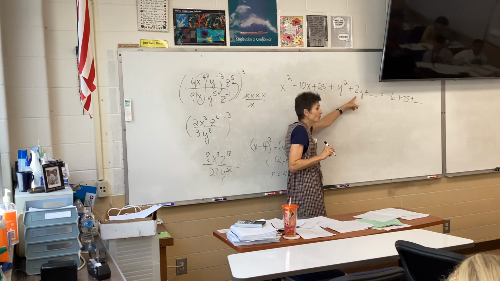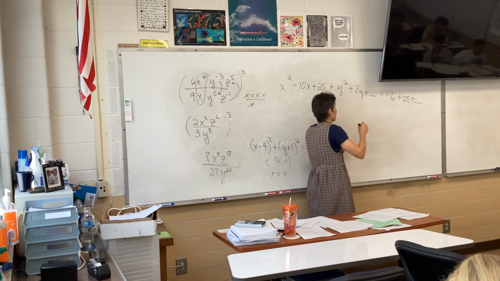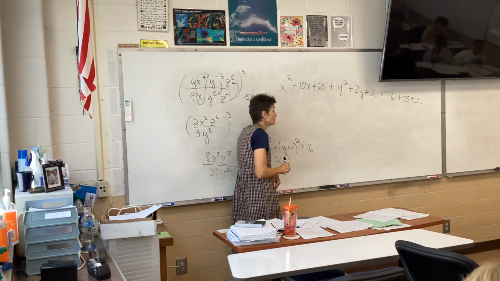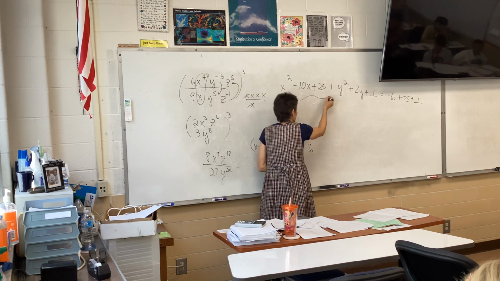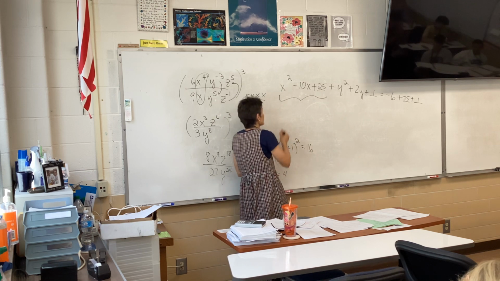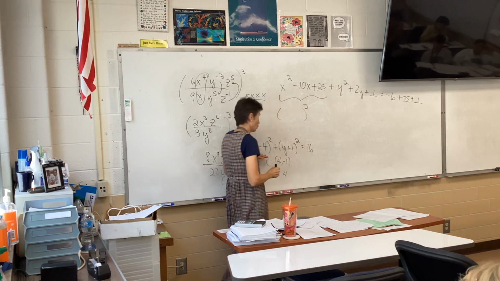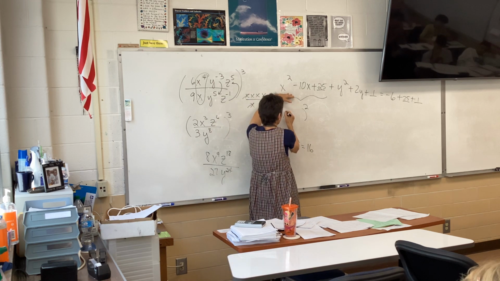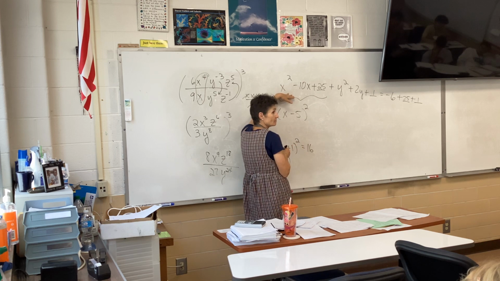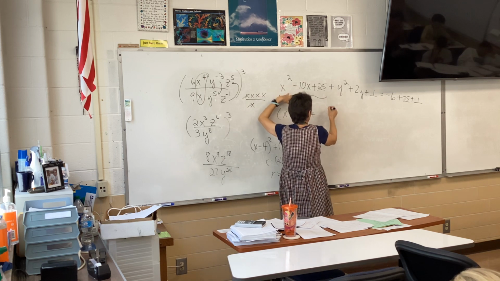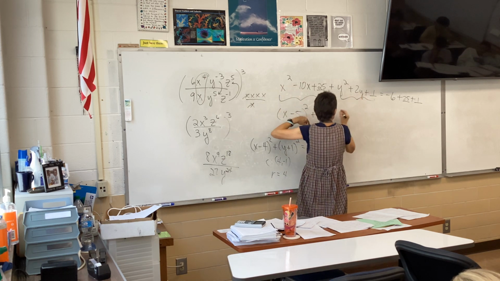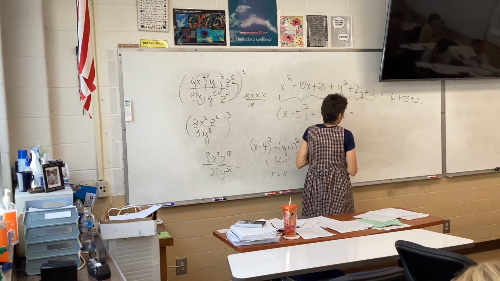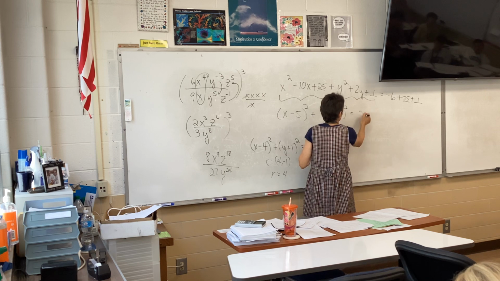Half of 2 is 1, squared is 1, it's got to go on the other side too. So this is now a perfect square. It's going to look like this now, right? This is going to be x minus 5 squared, and then plus y plus 1 squared, and that's 20.